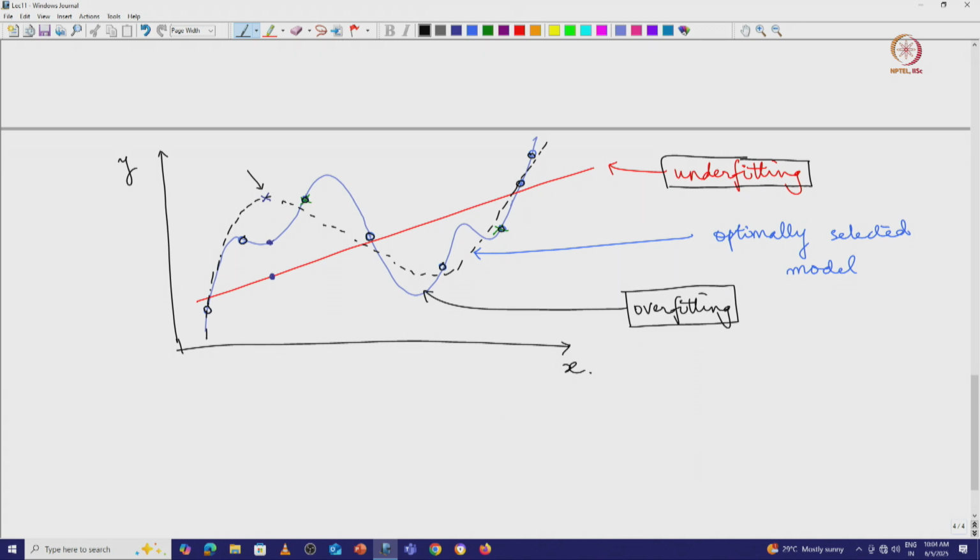Okay. And in this lecture we will start by introducing 3 ways in which the overfitting problem in linear regression can be addressed. So let us go on and see how we can deal with the overfitting problem in linear regression.